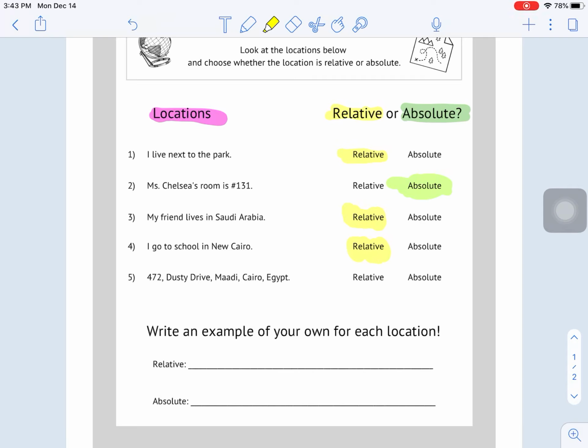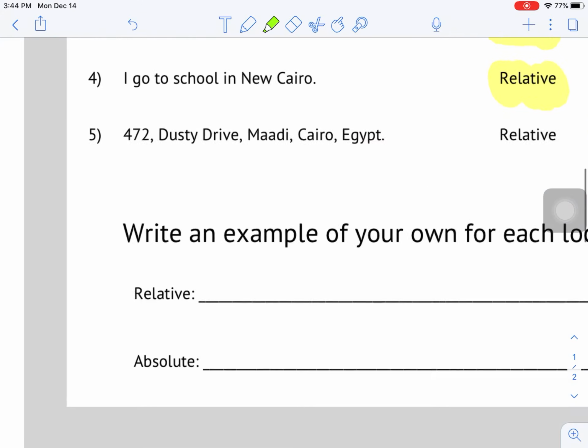And number 5, 472 Dusty Drive, Maadi, Cairo in Egypt. Is this telling me an exact address or a relative location? This is telling me the exact address, so it would be absolute location for that answer here.